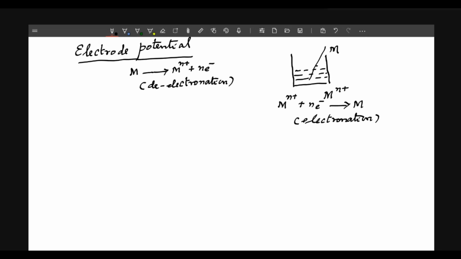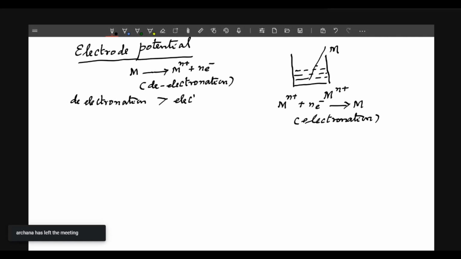The third case is, if these two are equal, what happens to the system? We are going to see all of these. First we take de-electronation as predominant, that is, the metal has the tendency to undergo oxidation, predominant over the electronation process.